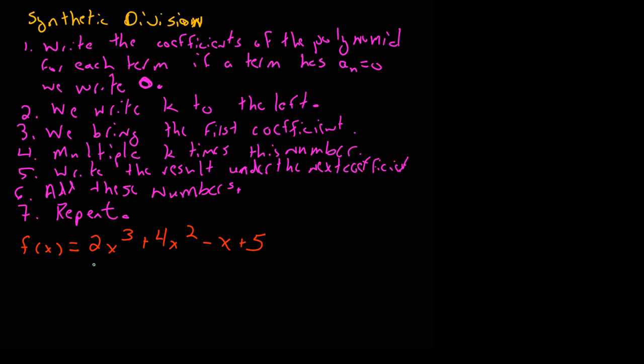And I'm going to divide it by, so f of x divided by x plus 2. So for step 1, I'm going to write my coefficients: 2, 4, -1, and 5. So there's step 1. I'm going to write k, which is -2, to the left.